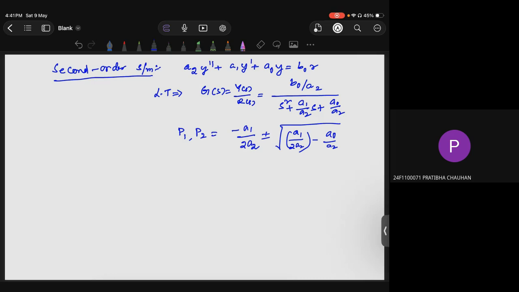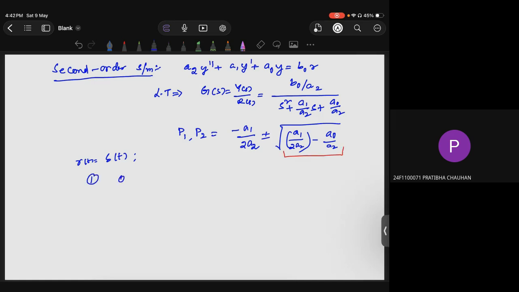Based upon this, this is the entire behavior for R(t) equal to delta(t). Then based upon this particular term, you have three cases.